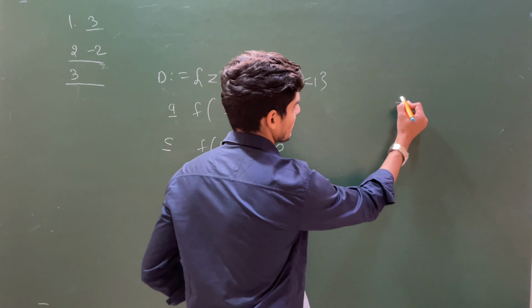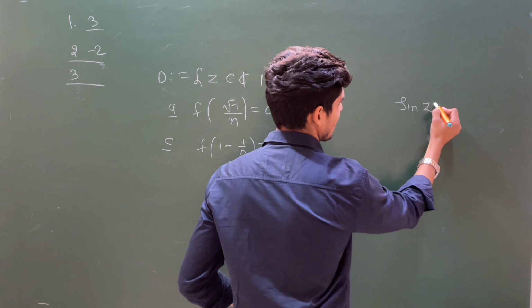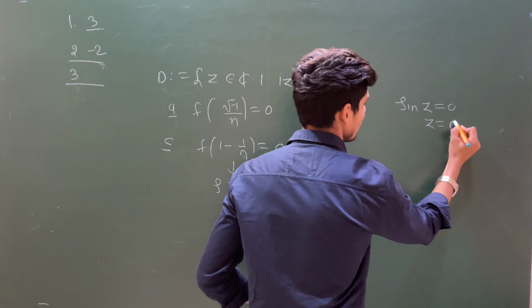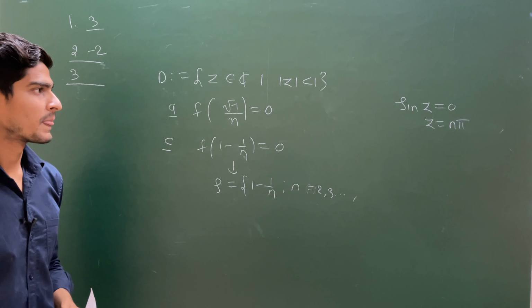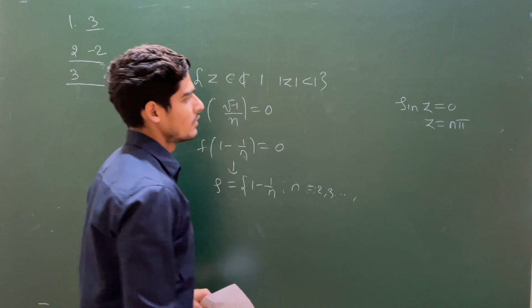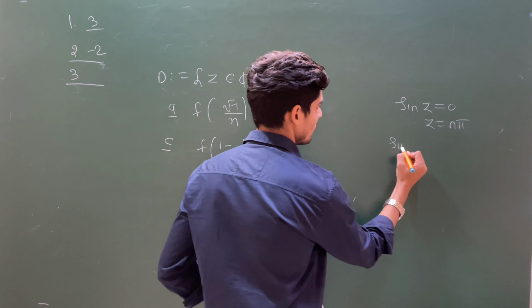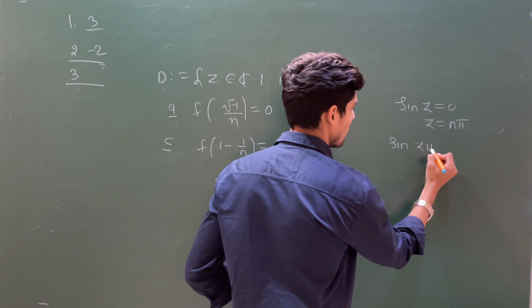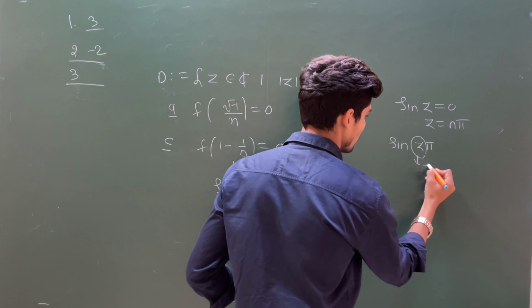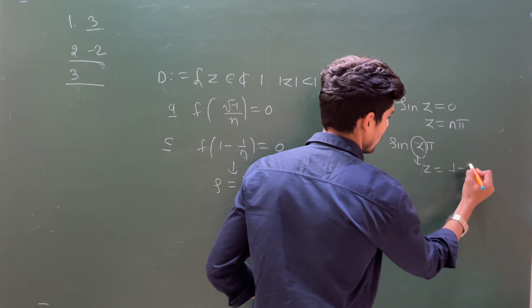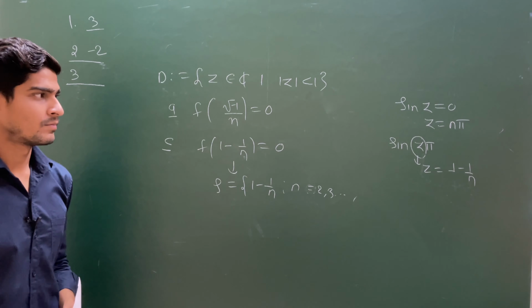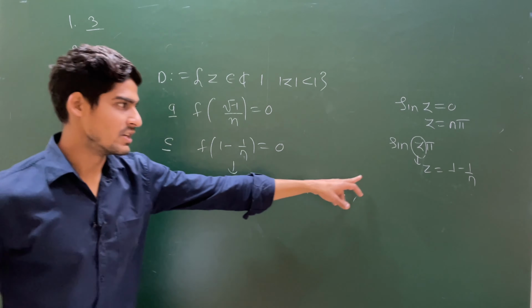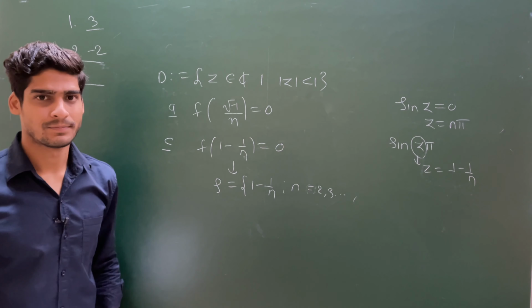If I go for the sine function, I know that sine z vanishes at n pi. But I need this z to be of the form 1 minus 1 upon n. I need it in this format, then only I can say the zeros are of this format.